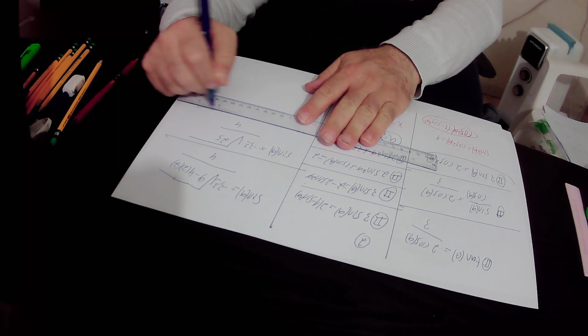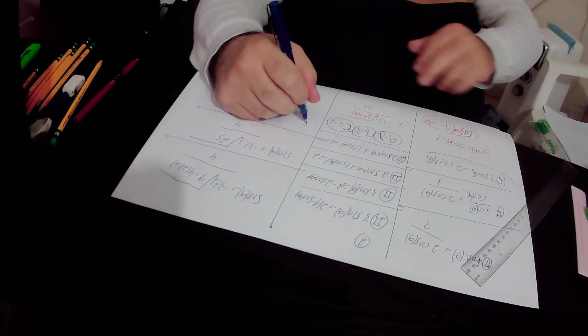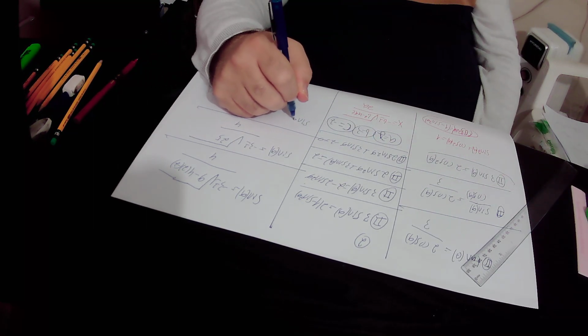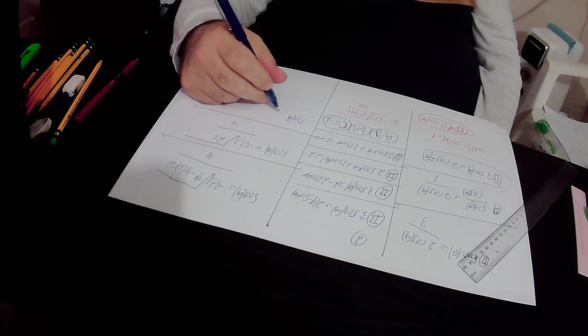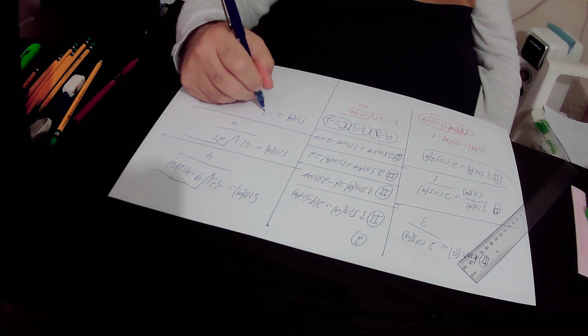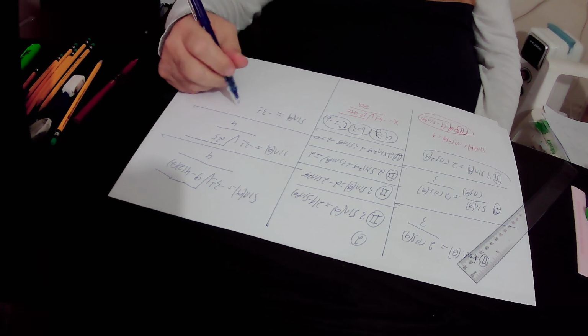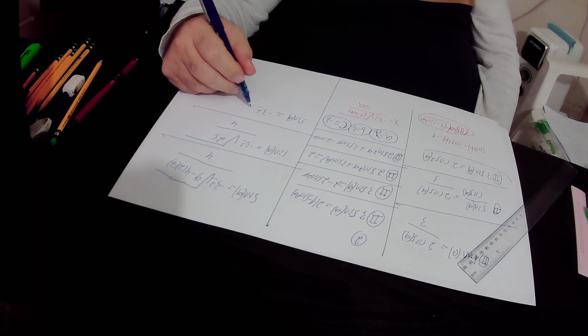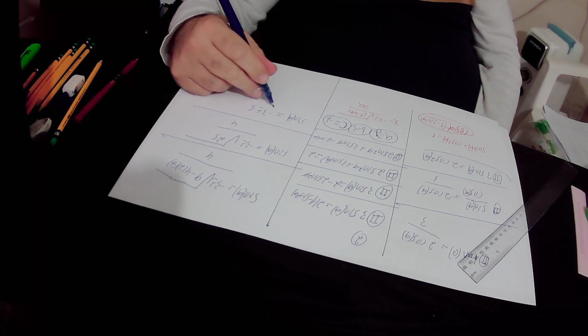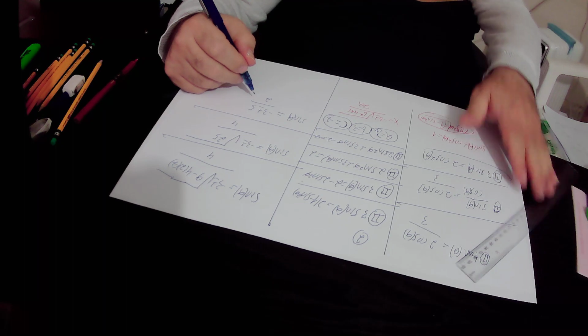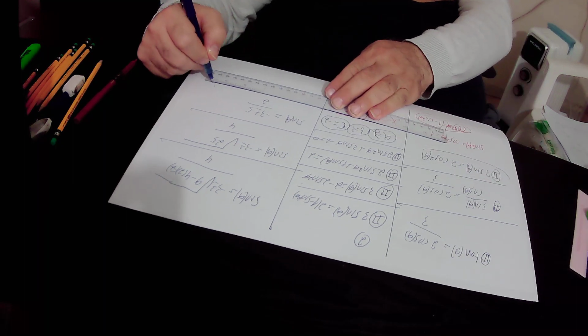So sinus alpha equals minus 3 plus minus the square root of 25, which is 5, over 2. Here we have two possible solutions for sinus alpha.